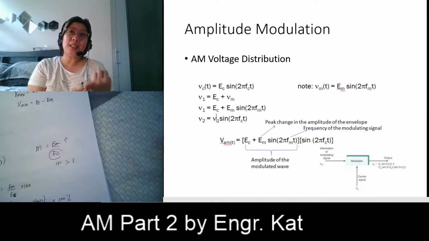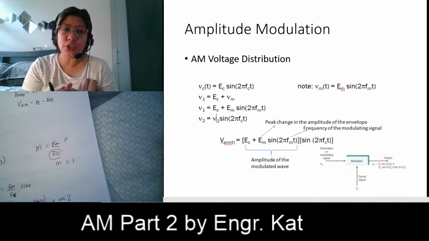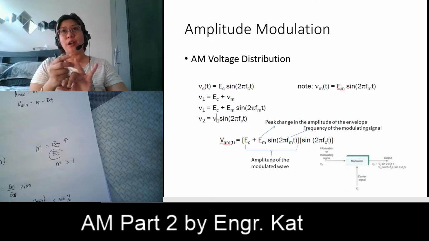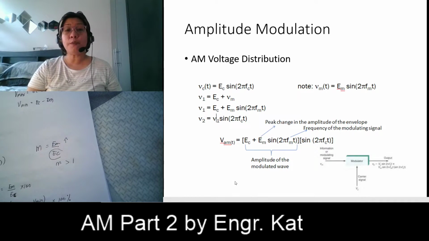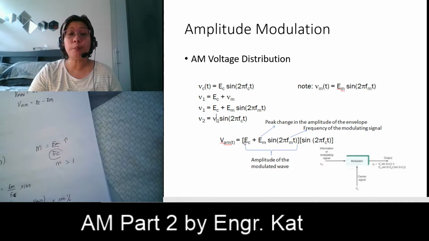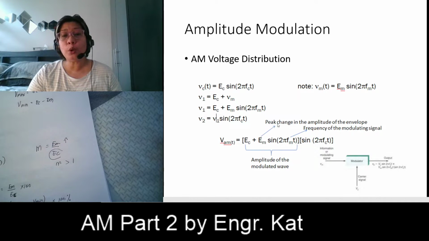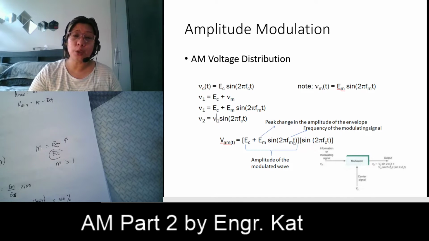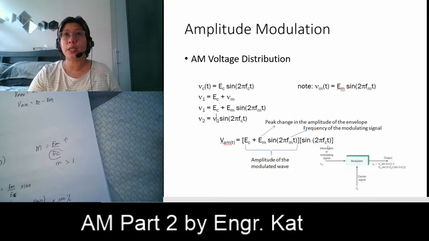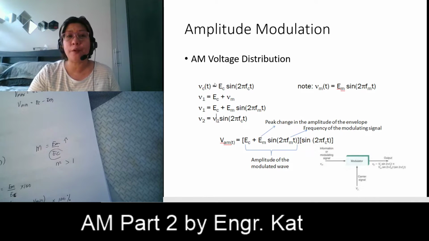You have a DC voltage, and then you produce the carrier. We just proved that we produce the carrier, because if you distribute this, it will give you EC sine of 2 pi FCT. What is EC sine of 2 pi FCT? That is your original carrier signal.